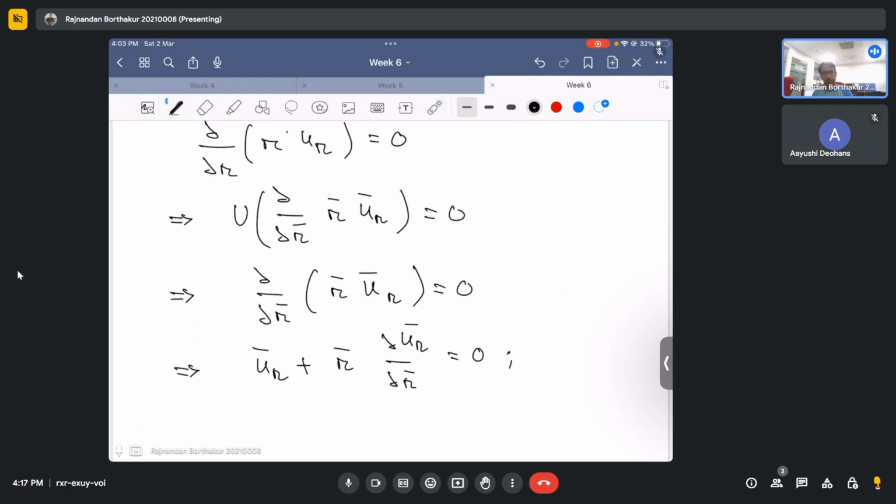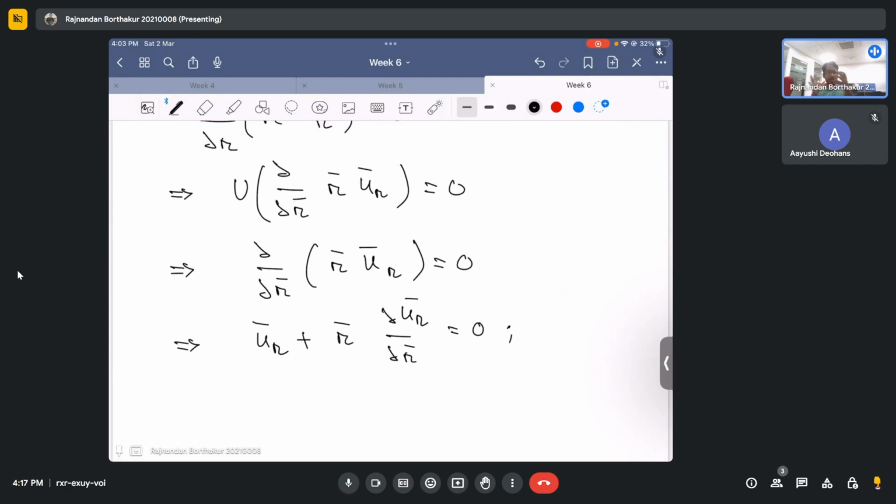Now, we have already said there is no z dependence, and we are invoking the axisymmetric condition, which means that ur bar is just a function of r only, right? Which means I can replace the partial derivative with the ordinary derivative. We have done this multiple times.